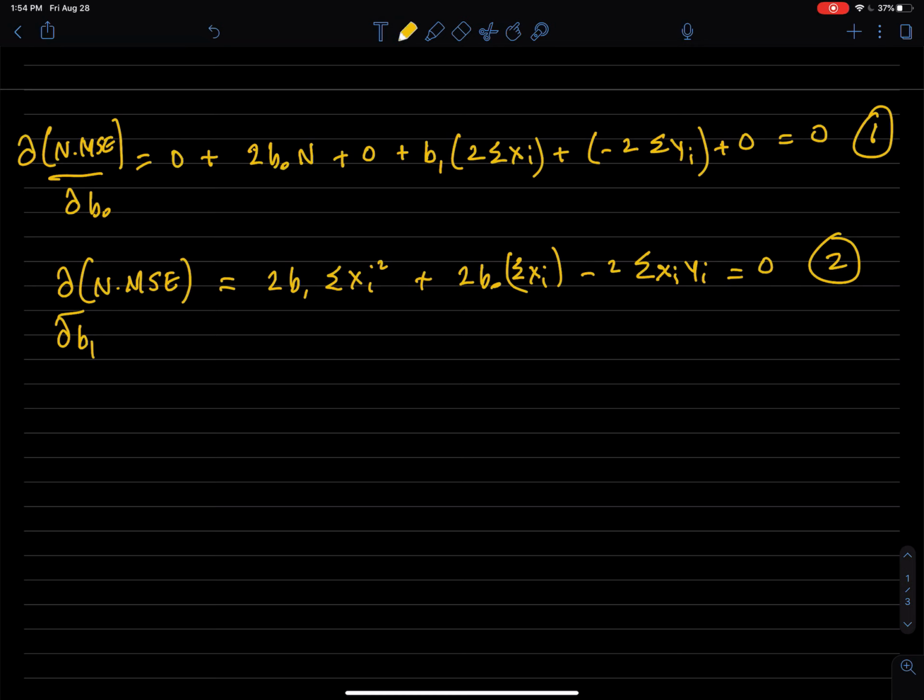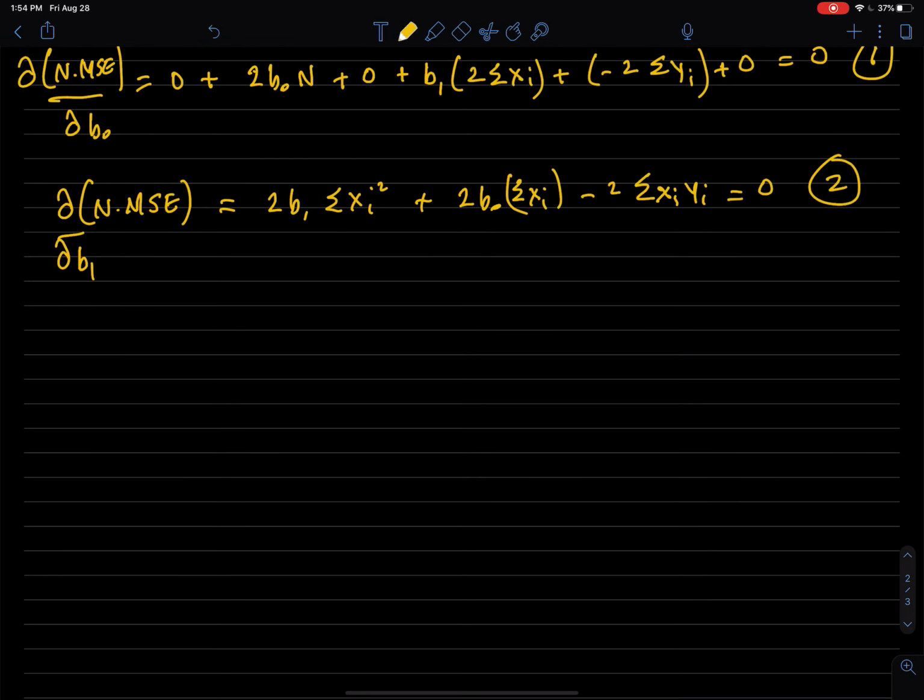Okay, so let's write this in matrix form. Equations 1 and 2 are linear in b naught and b1, so we can write this in the following manner.